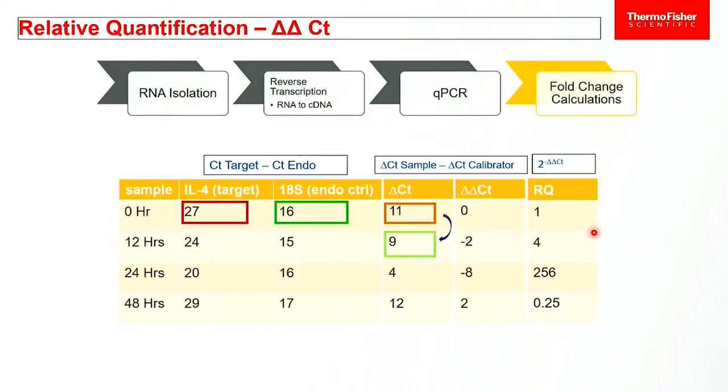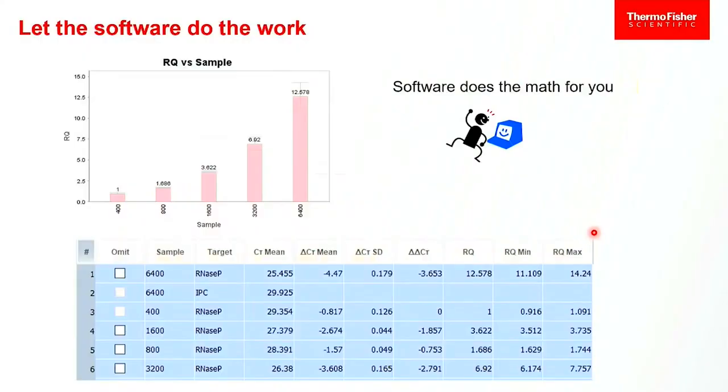Going through that more specifically, if you do it inside our software, it does it for you. If you assign all the control genes, the target gene, the reference gene, or the reference sample, all of this is calculated for you.